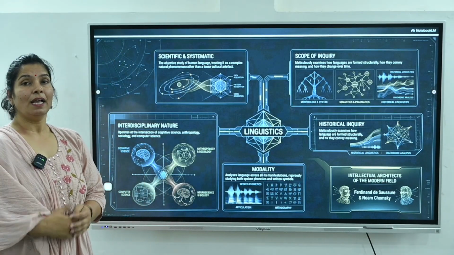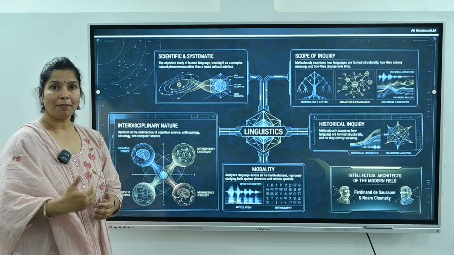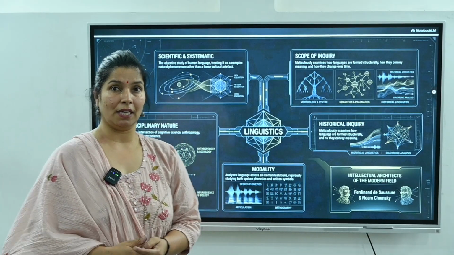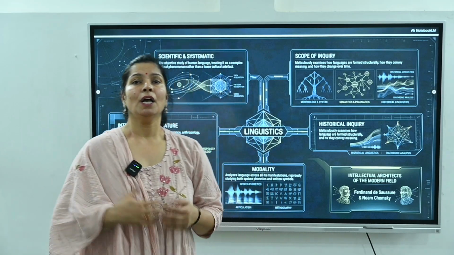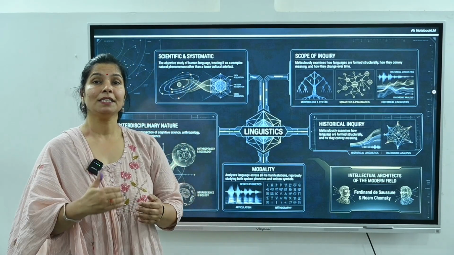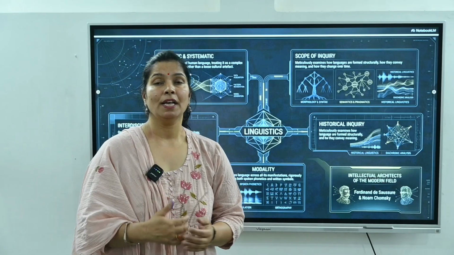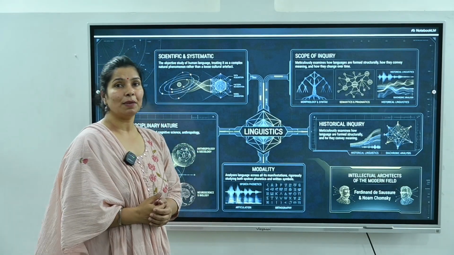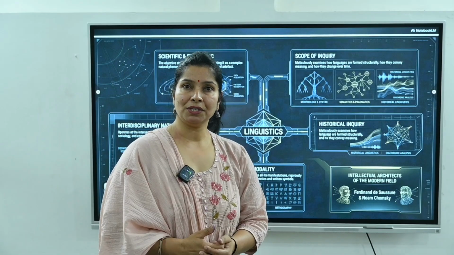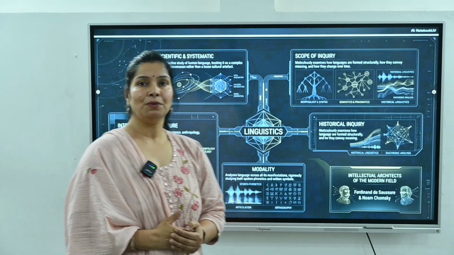It means that linguistics examines language objectively. It doesn't consider personal opinions or perspectives. It is totally based on evidence and systematic method. It examines language through observation, analysis, and research.